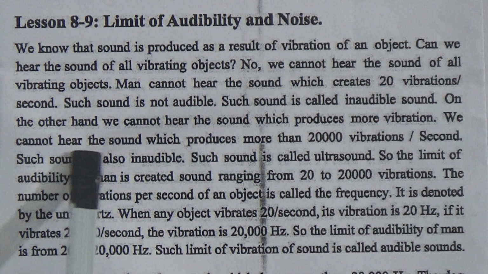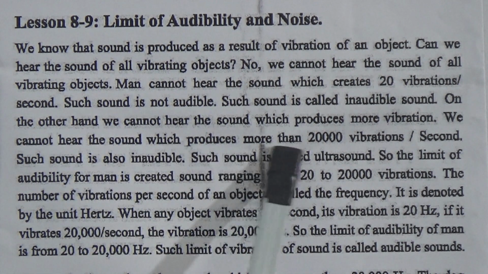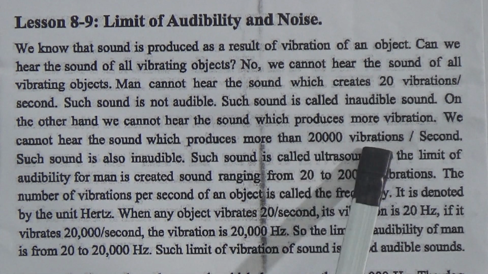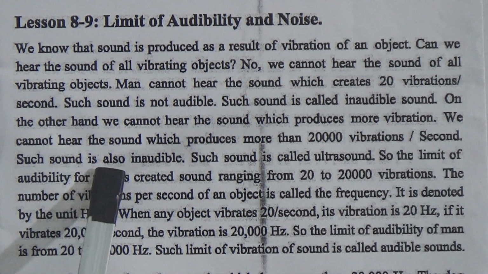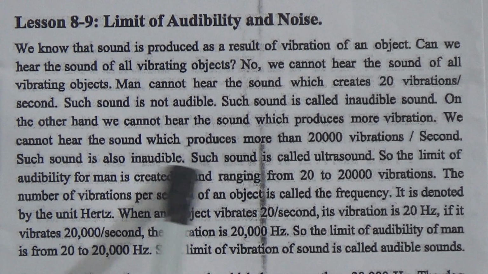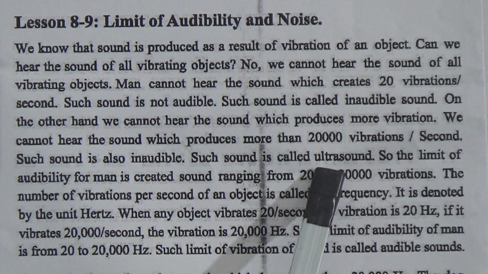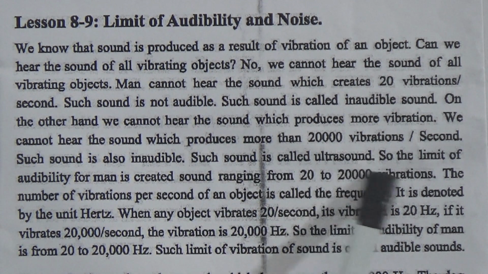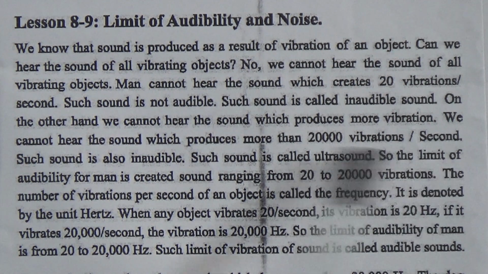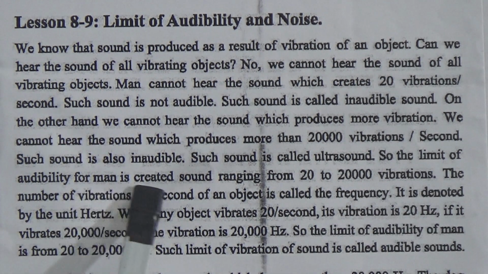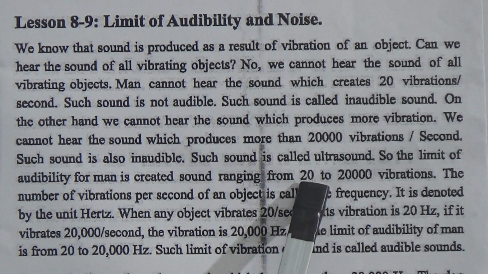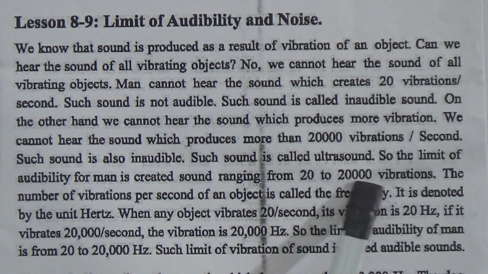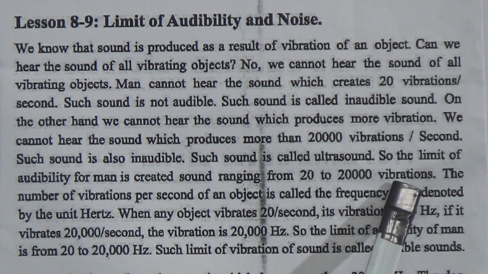We cannot hear the sound which produces more than 20,000 vibrations per second. Such sound is also inaudible. Such sound is called ultrasound. So, the limit of audibility for man is sound ranging from 20 to 20,000 vibrations.